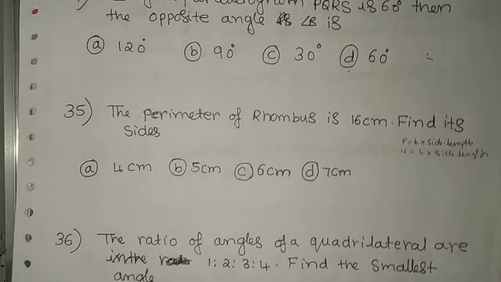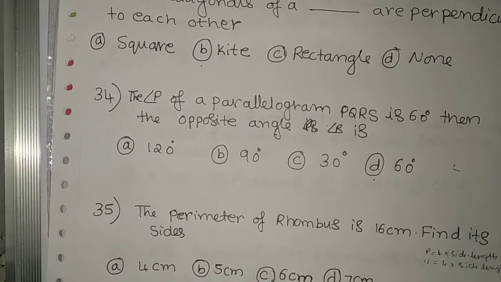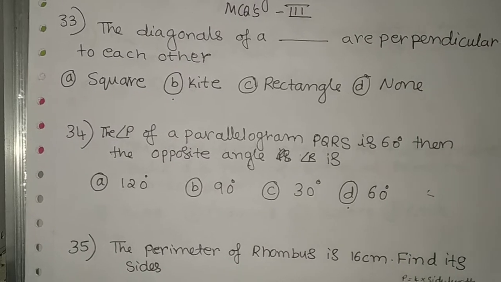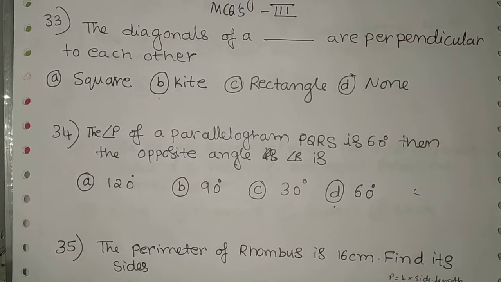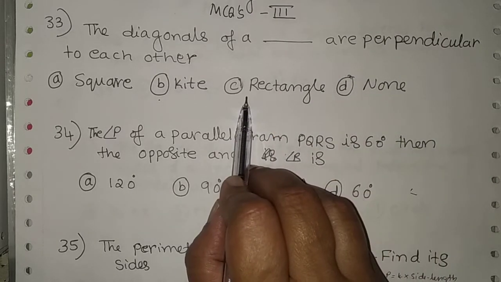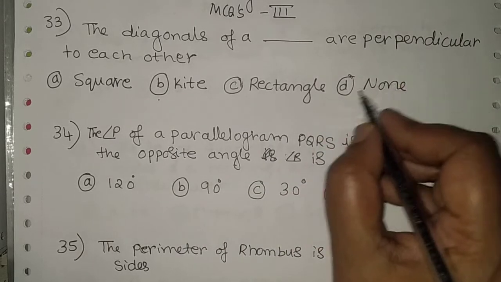That is the 33rd problem: the diagonals of dash are perpendicular to each other. As we know, in the kite, we just now solved the kite problem.